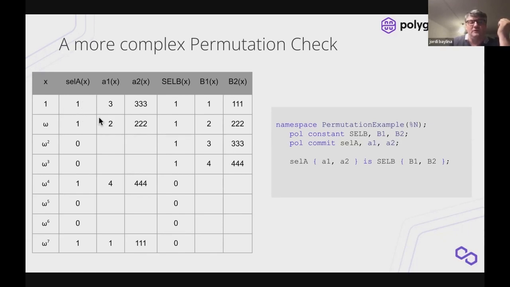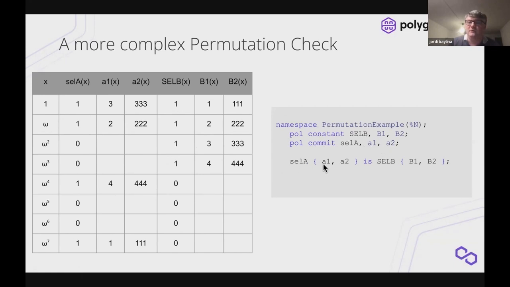So only on the rows selected here I want this to hold. In this case the 3 is here, the 2 is here, the 4 is here, and the 1 is here, no matter what the other values are. This is what I want to enforce, that this relationship holds.